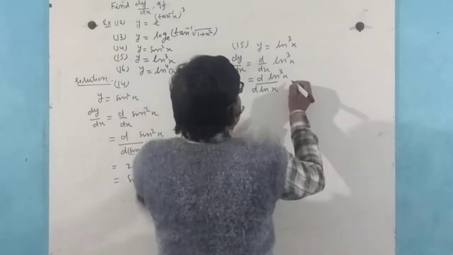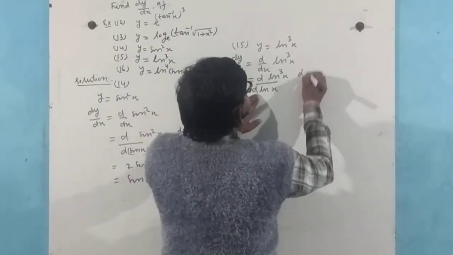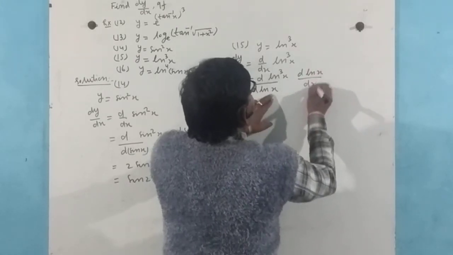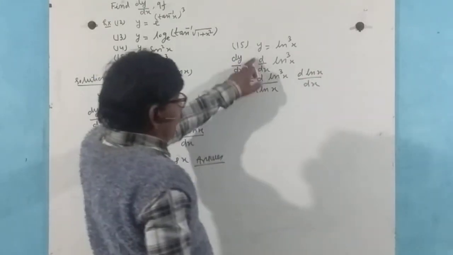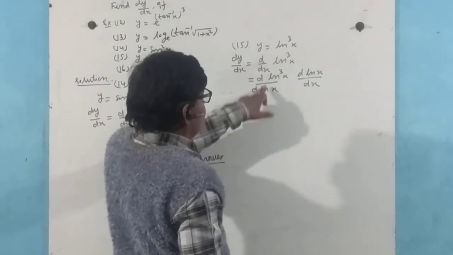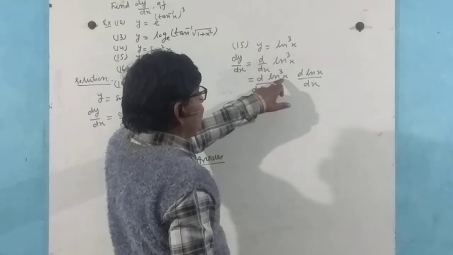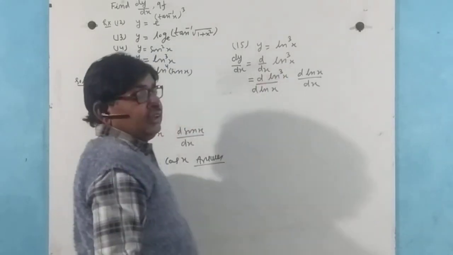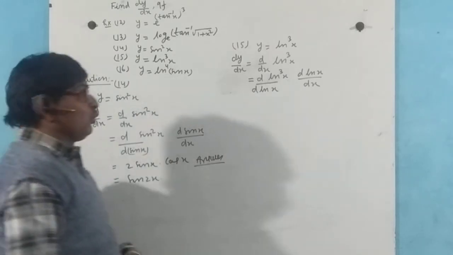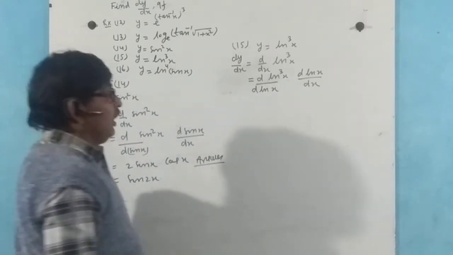This can be written as d of (ln x) cube divided by dx.